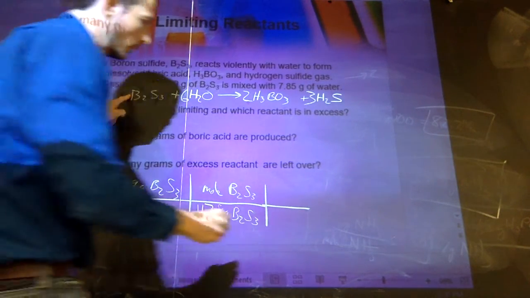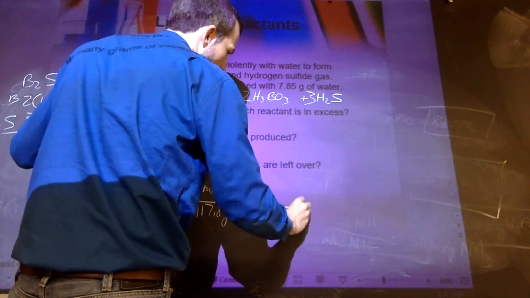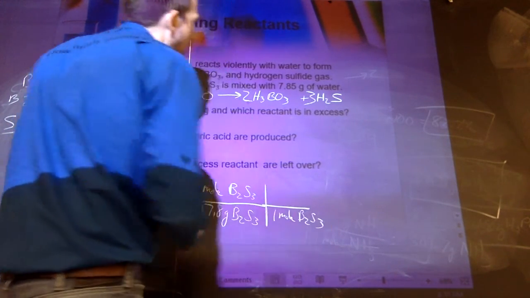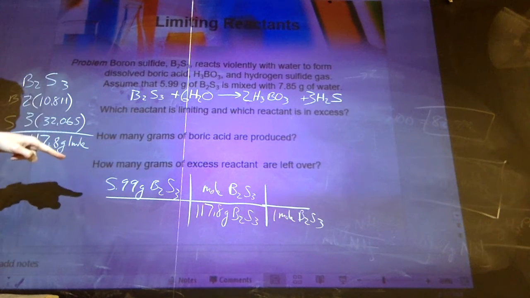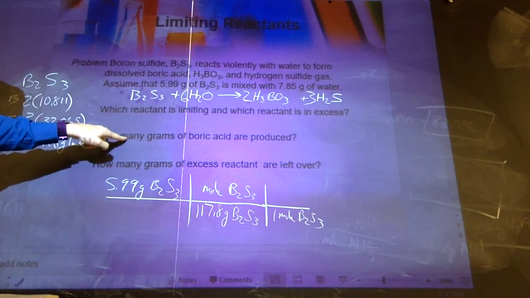So now my balanced equation, 1 mole of B2S3, and I'm looking to see how many grams of boric acid are produced.